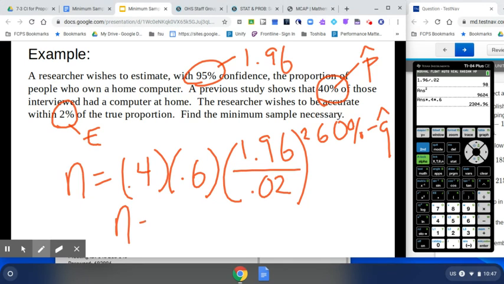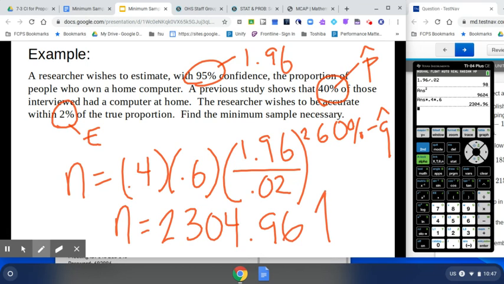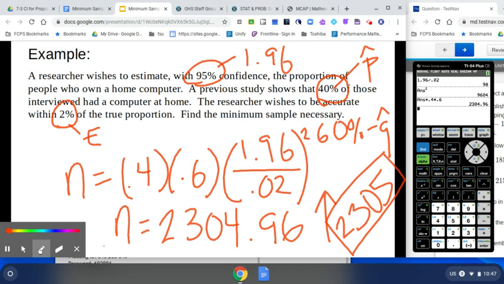So even though I'm getting 2,304.96, I want to round this up to the next whole number. So my minimum sample would have to be 2,305. I could always sample more than that, but again, that is the minimum sample size needed, 2,305.